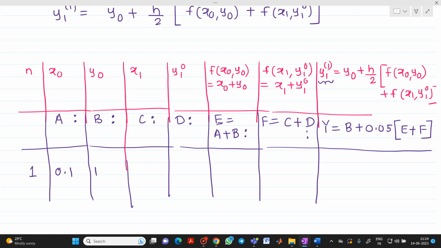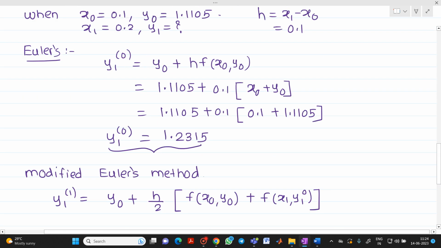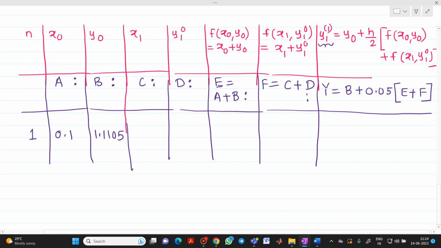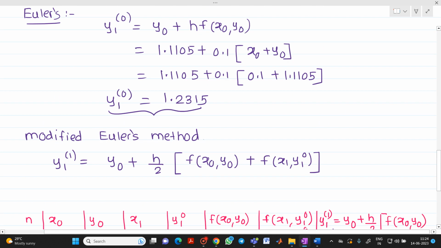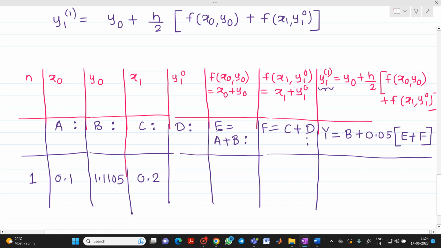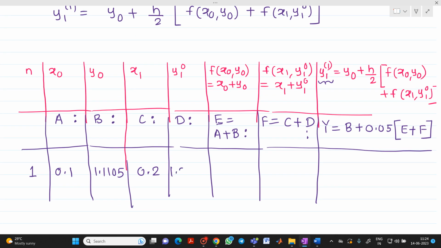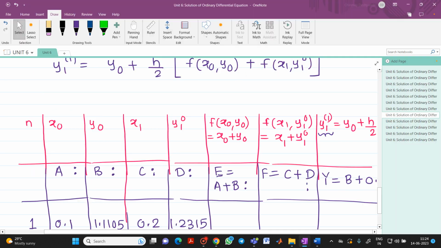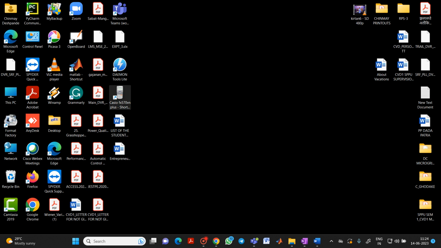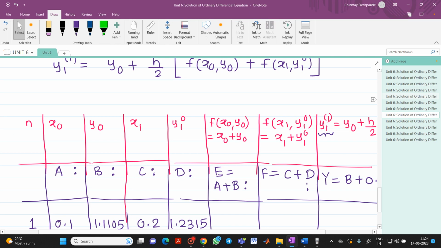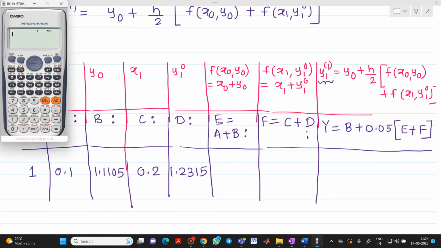What is the value of x1? Here if you see, x1 is 0.2. What is y1 of 0? We got it was 1.2315. So let me open my calculator again. Again we have to substitute here all the functions.